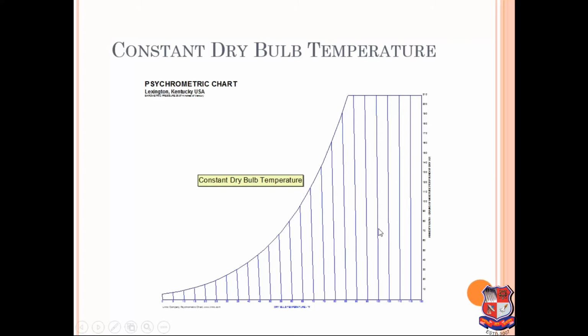At the point where a dry bulb temperature line reaches the saturation line, the following conditions exist: relative humidity is 100%, wet bulb temperature is equal to dry bulb temperature, and dew point temperature is equal to dry bulb temperature.